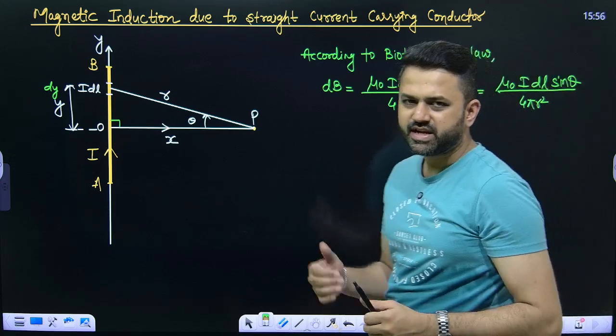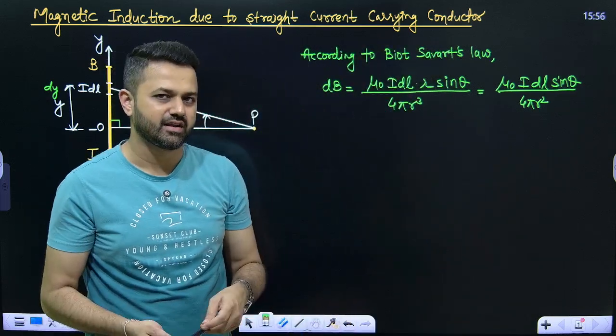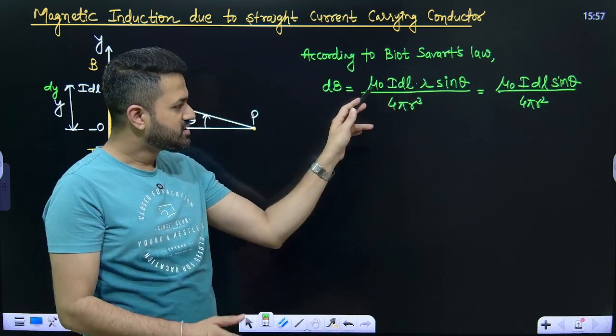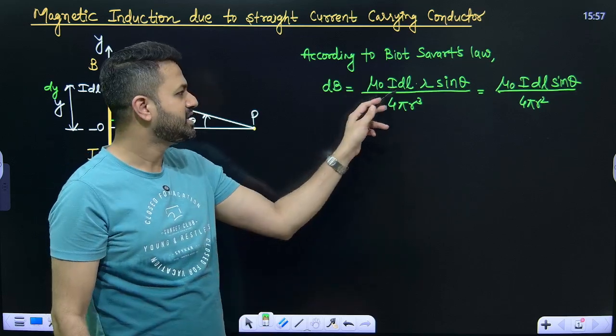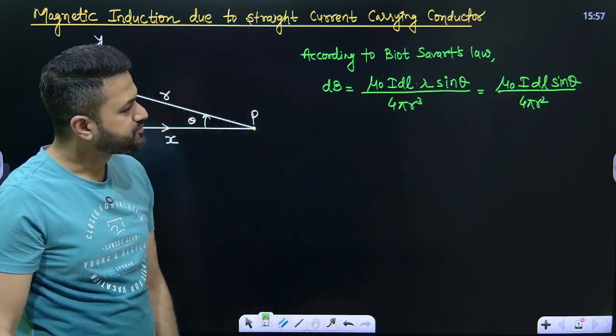We can write it both ways. This was dl cross r according to the Biot-Savart law, so dl into r into the sine of the angle between them.